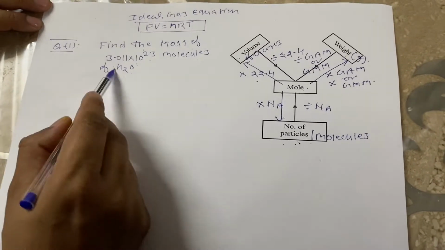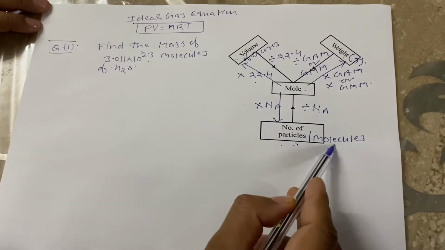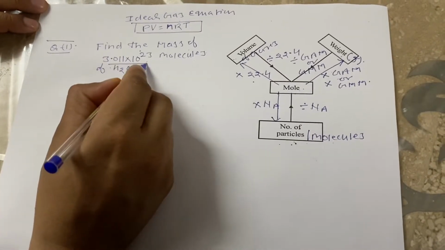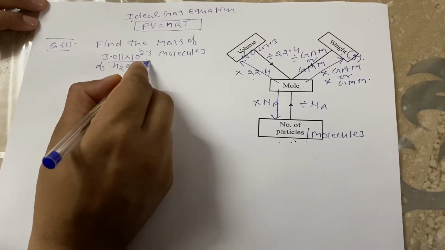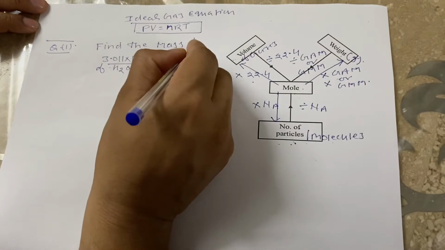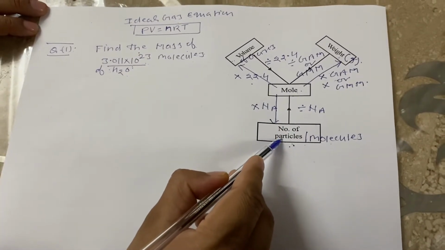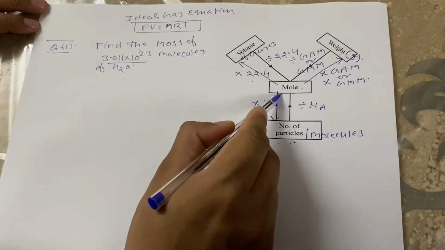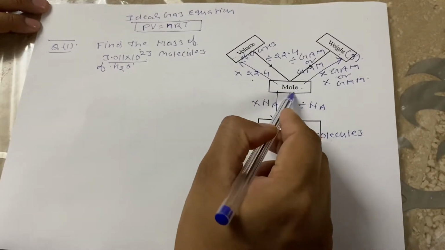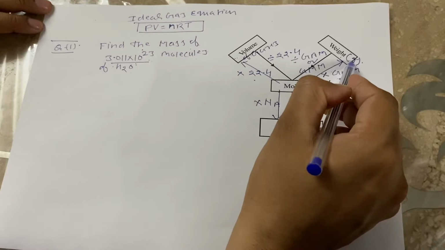If we use this Y map, the number of molecules is given as 3.011 into 10 to the power 23, and the mass of water is to be calculated. The number of particles will be converted into the number of moles, and from this we can convert into mass.